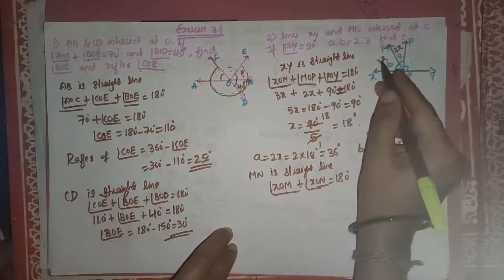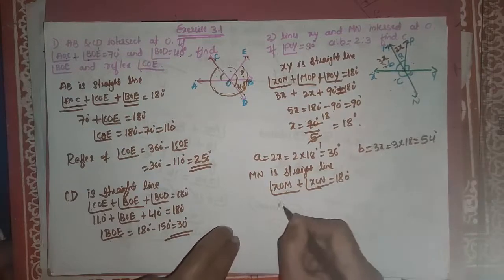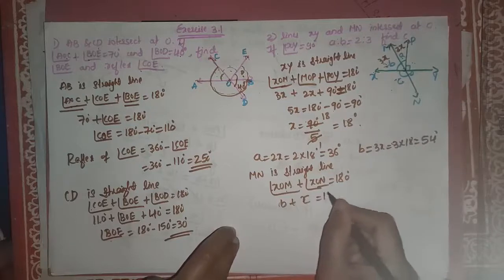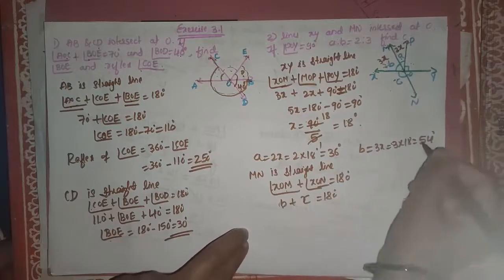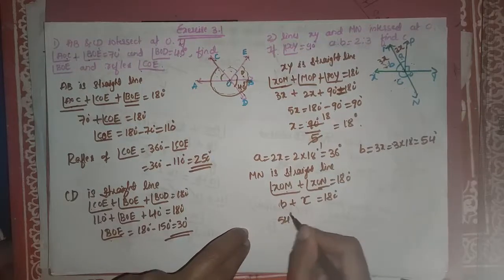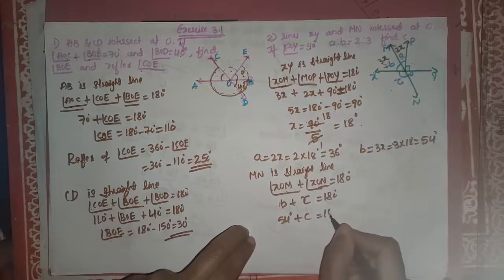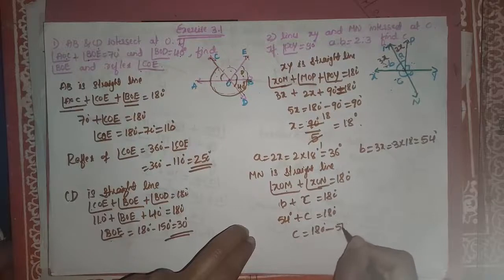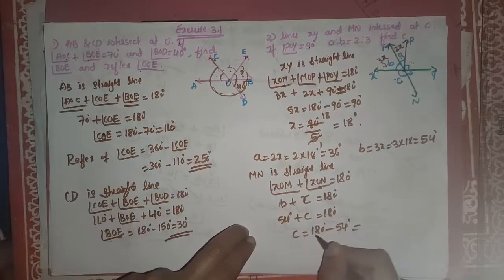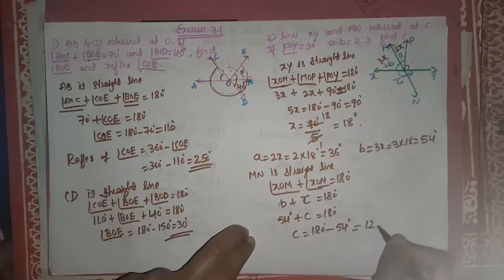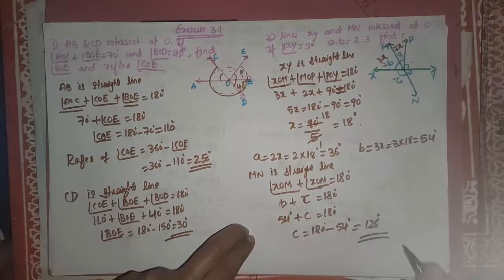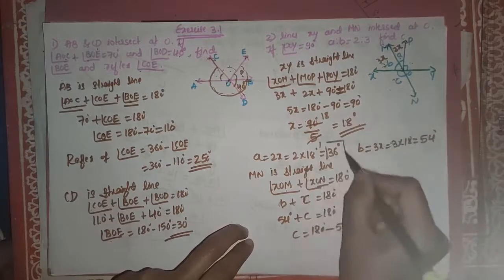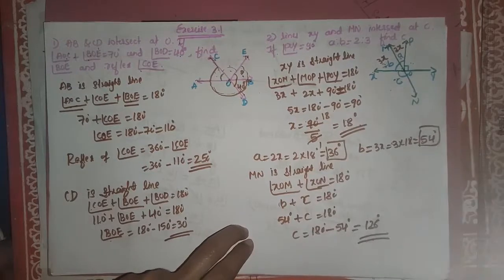XOM is 3x, that is B, plus XON, that is C, equals 180 degrees. So B is 54 degrees, plus C equals 180 degrees. So C is 180 minus 54, which is 126 degrees. So this is A, this is B, and this is angle C.